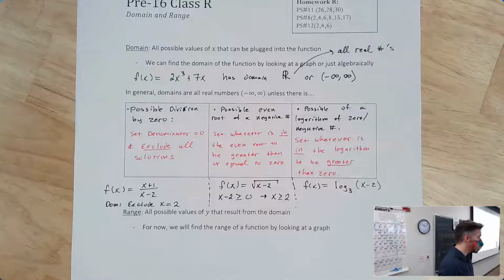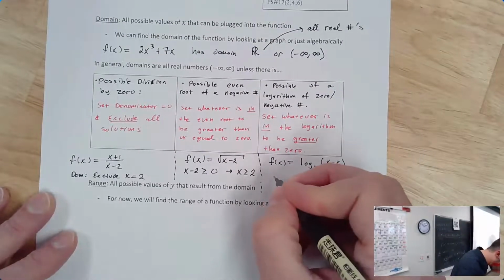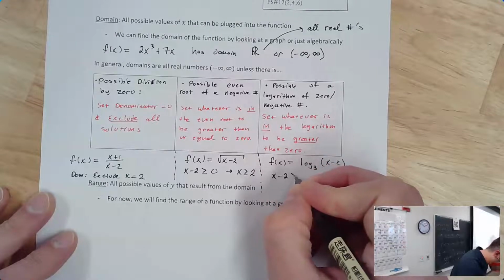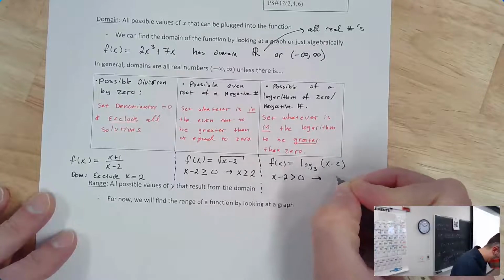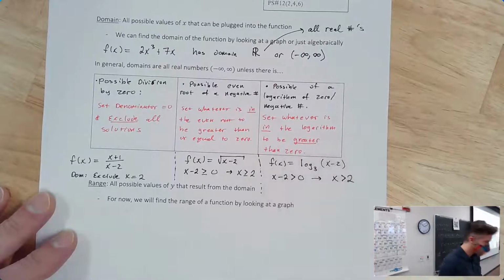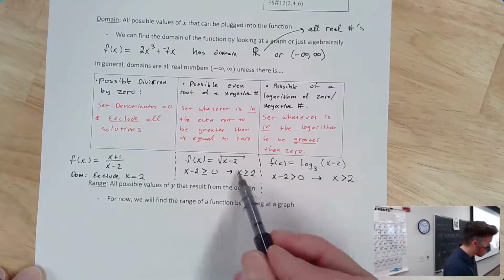Doesn't matter what the base is. And our domain here, we would set x minus 2 to be strictly greater than 0, and our domain would be x strictly greater than 2. So here 2 would not be part of the domain. Here 2 would be part of the domain.